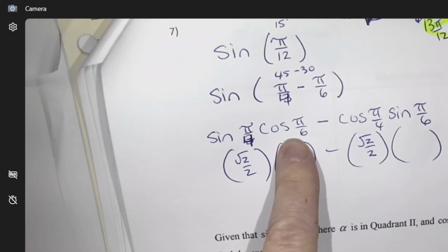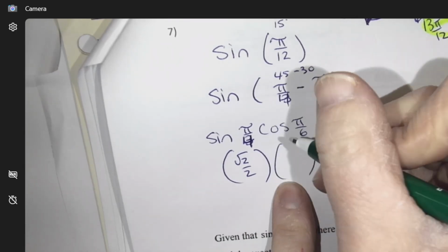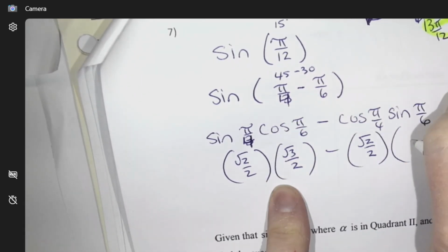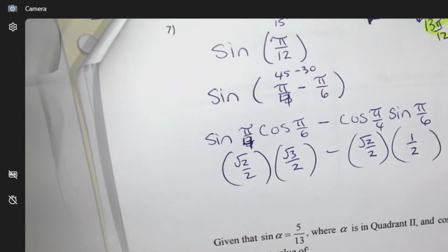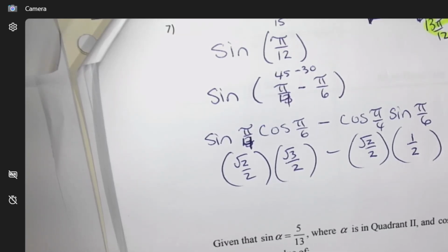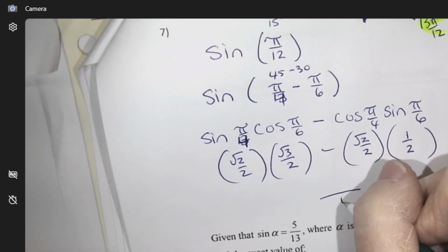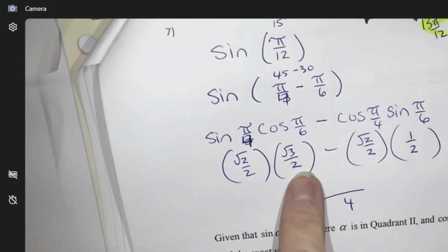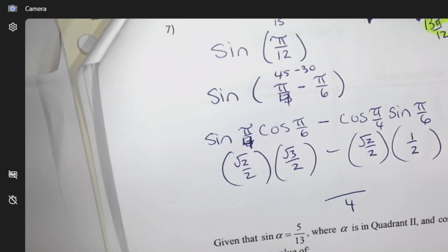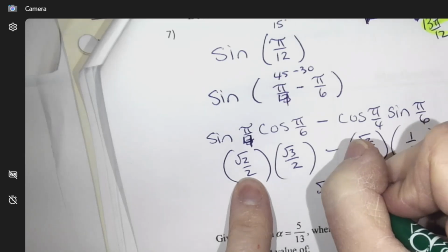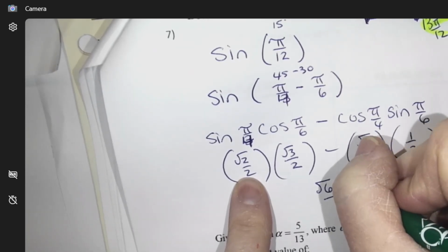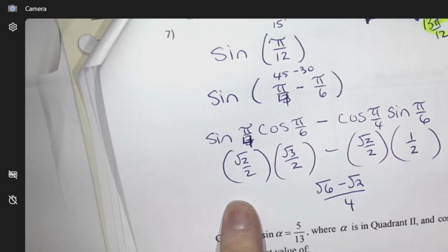What is the cos? What's the x value? Root 3 over 2 and 1 over 2. So when I'm doing fractions, what's the common bottom of the fraction? 4. 2 times 2 on this bottom, 2 times 2 on this bottom. Everything has a bottom of 4. And this makes a root 6 minus root 2.